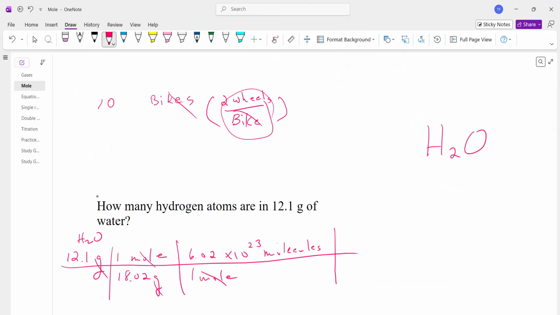Now we need a conversion factor to go from molecules to atoms, just like we needed a conversion factor to go from bikes to wheels. So molecules have got to cancel. And there's 2 H atoms per 1 molecule. That's the conversion factor we need to get us to atoms.